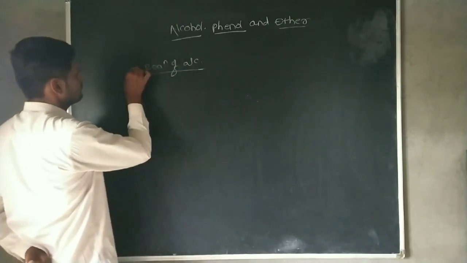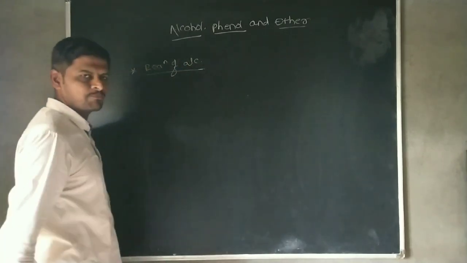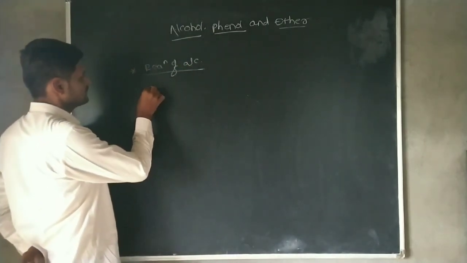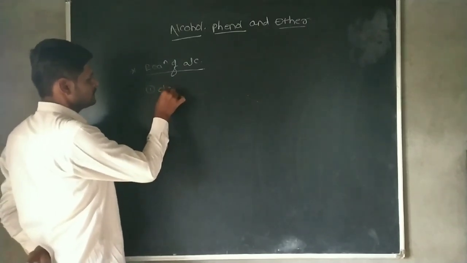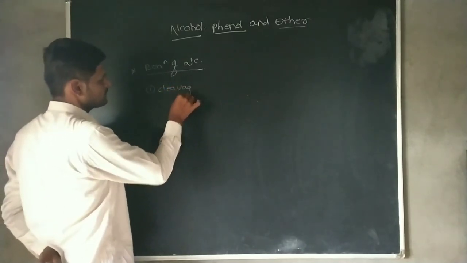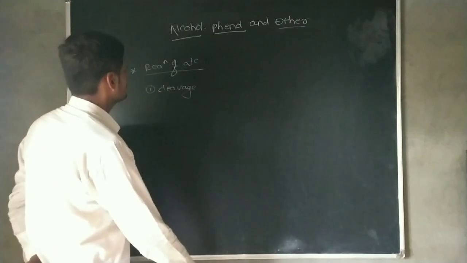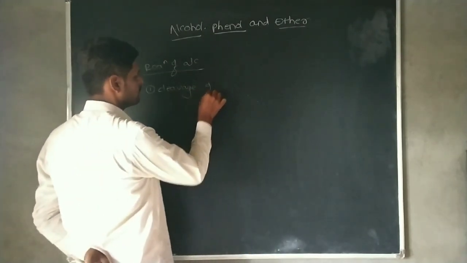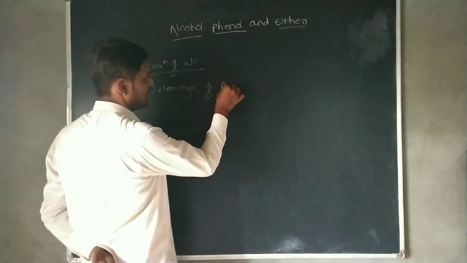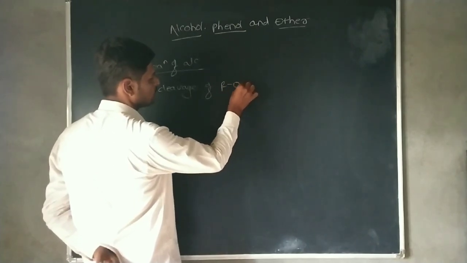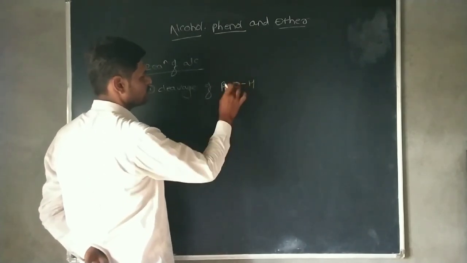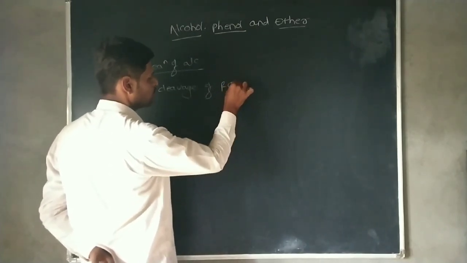alcohols. Firstly, we can see the reaction which happens by the cleavage of the R-O-H bond, that is, cleavage of the O-H bond.